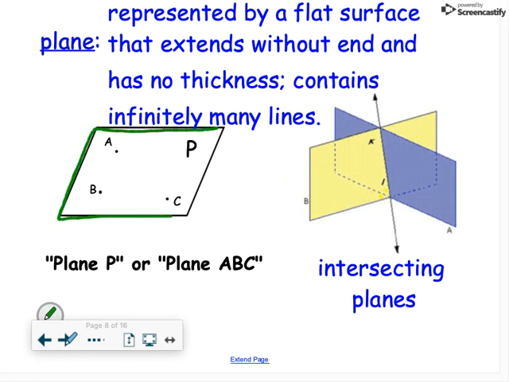We can name this plane P, because we have one uppercase letter in that plane, or we can name it by 3 of its points. You have to include 3 points. Notice we have point A, point B, and point C in that plane, so we can call it plane A, B, C.